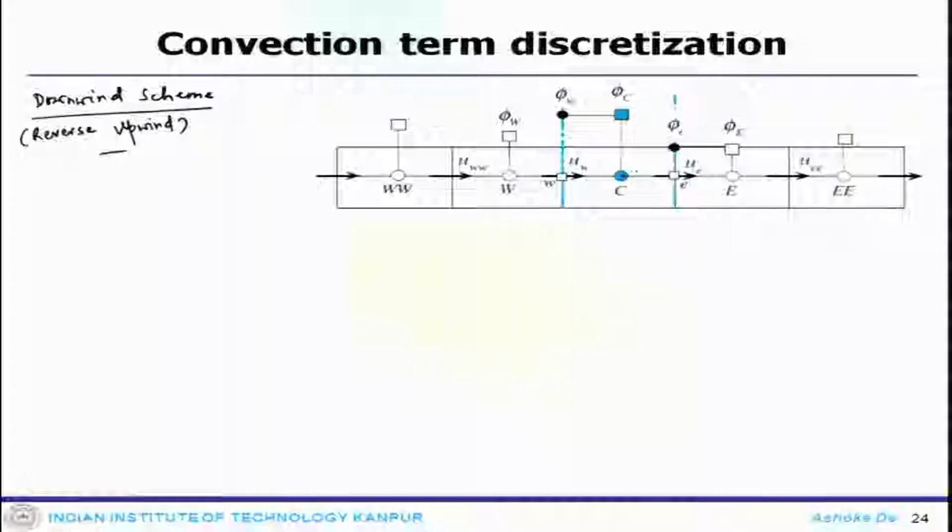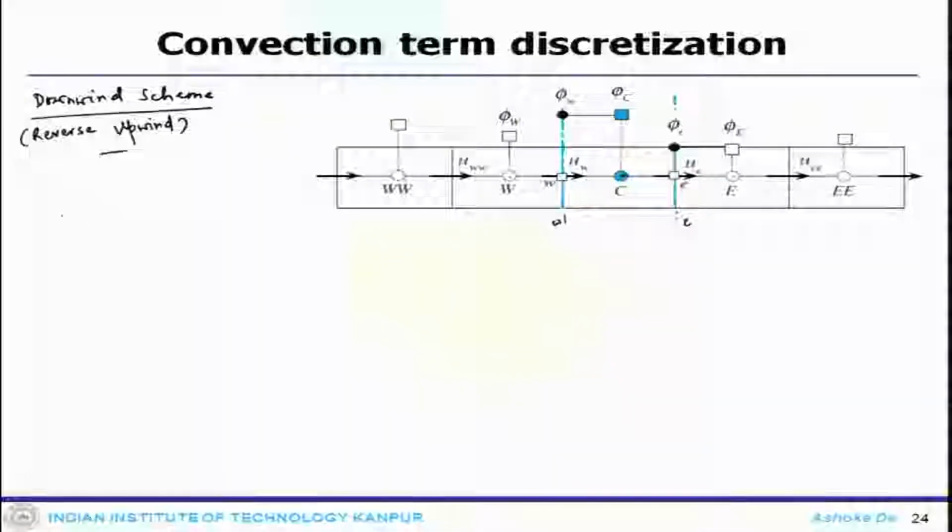So, this is our point of interest, that particular element C, and we have E, W and the fluxes at the faces. This is the west face, this is the east face of the element. The primary concern is how one evaluates the fluxes at the faces.